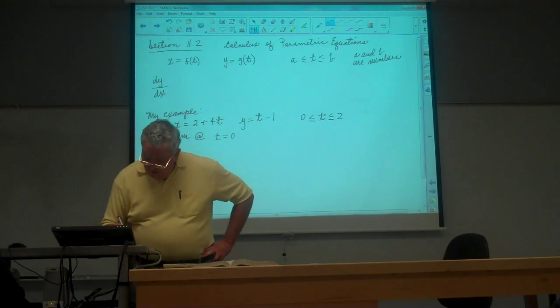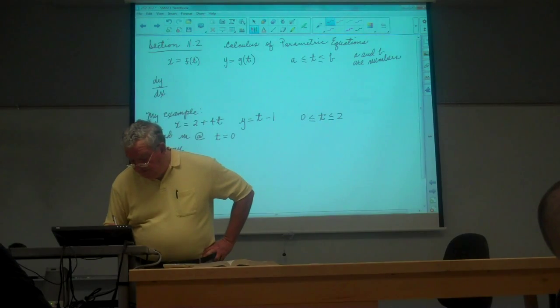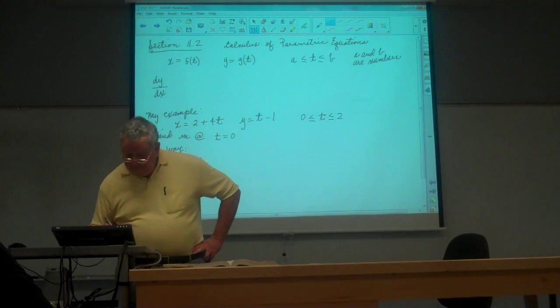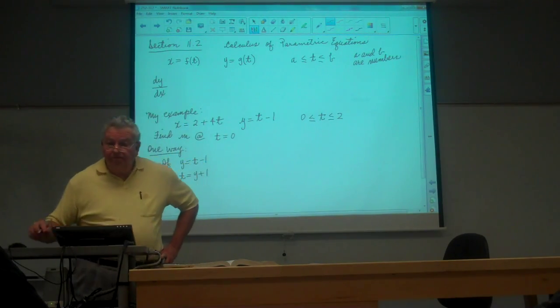Here is one way. One way is, I know that if y is equal to t minus 1, then doesn't that mean that t is equal to y plus 1?